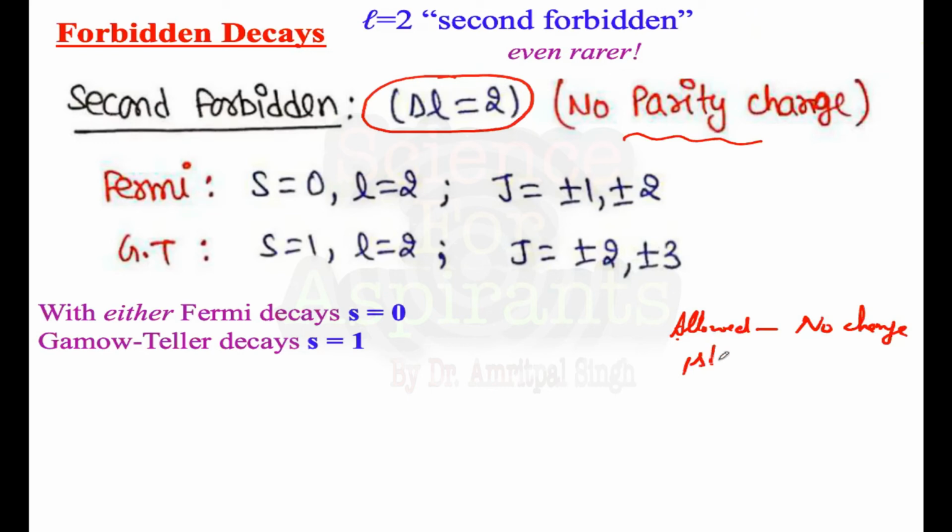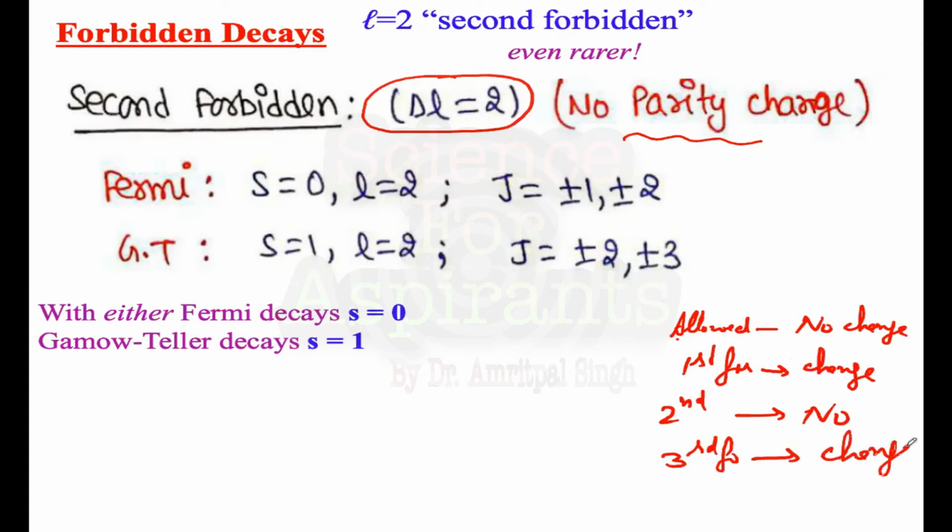For first order forbidden, there is a change in parity. For second order, there is no change. Similarly, for third order forbidden, there is a change. So parity is vice versa for alternative types. Similarly, for fourth order forbidden transition, there is no change in parity.